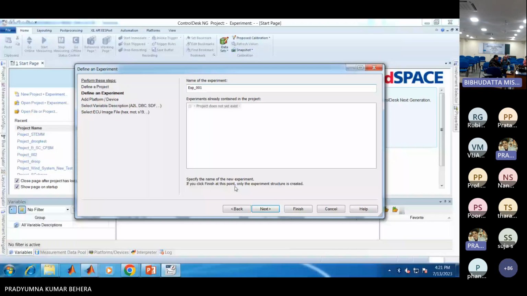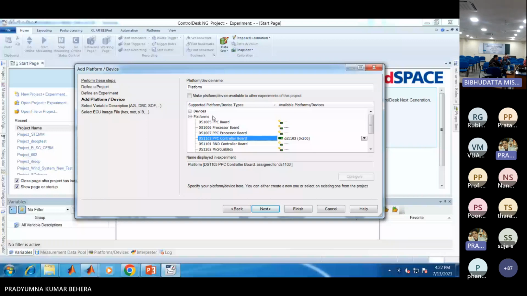Now I have given the name of the experiment, and then I have to press next. Then you can see various platforms or devices.